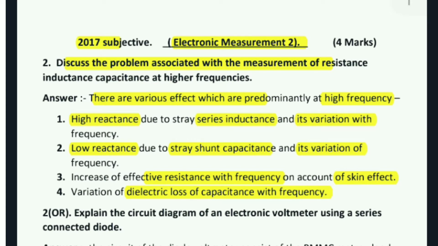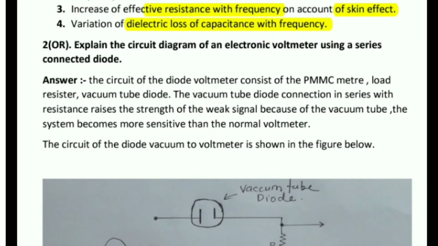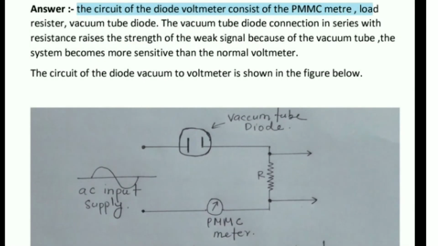Okay, let's move to another question. Explain the circuit diagram of an electronic voltmeter using a series connected diode. The circuit of the diode voltmeter consists of a PMMC meter, a load resistor, and a vacuum tube diode.